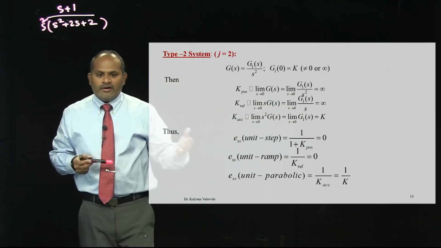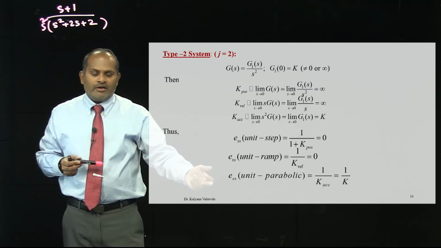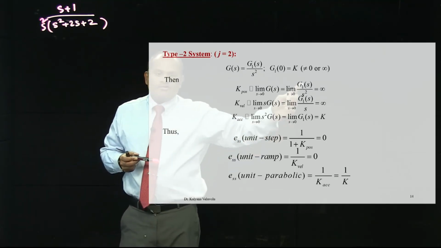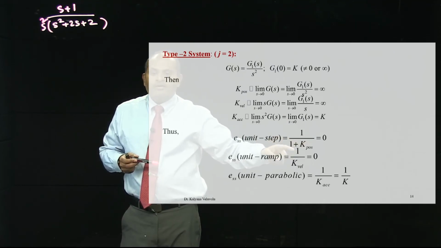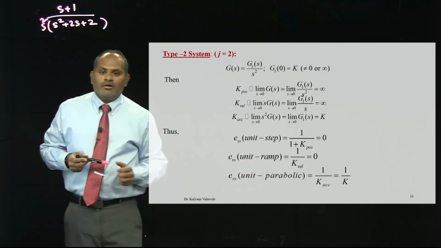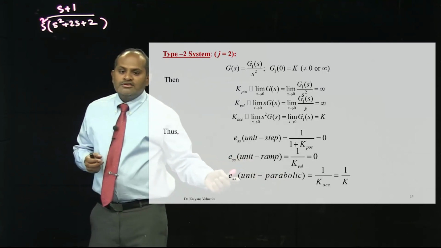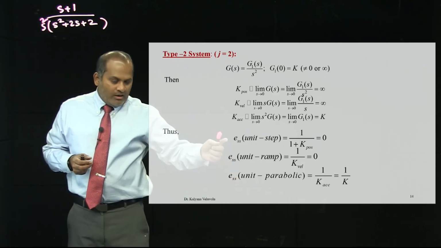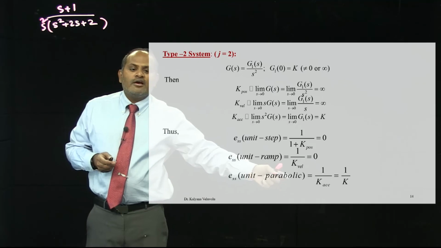Now, let us find the errors. The steady state errors for unit step, unit ramp and parabolic: because of the infinity constants, we get 0 for unit step, 0 for unit ramp and a constant for parabolic. That is very interesting because you are getting 0 steady state error for unit step and unit ramp input, but for parabolic I am getting a constant.